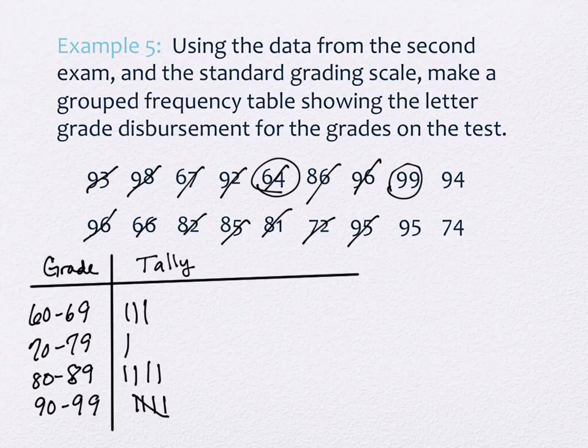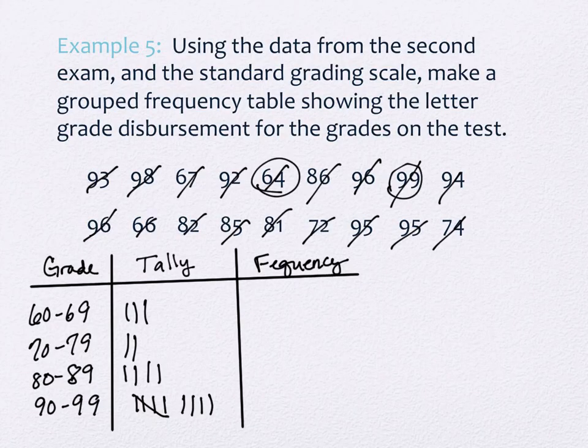Then I have 99 and 95, and then 94 and 74. So they're a little bit sloppy, but they're not too bad. Okay, so the tally column, we have that there. And then our last column is called a frequency column.